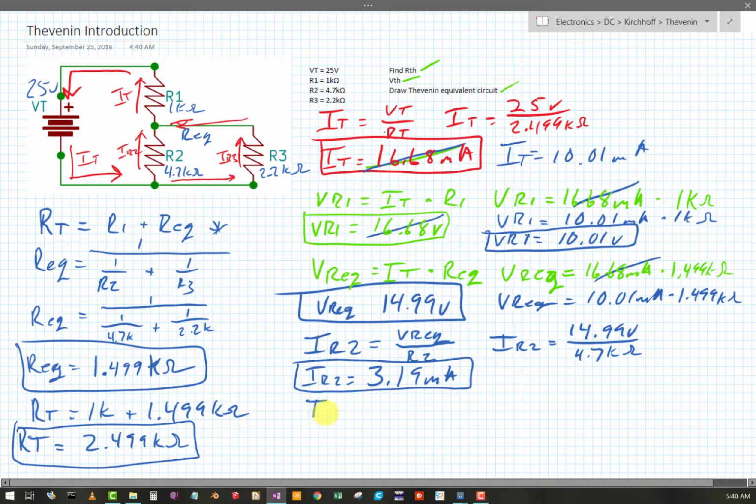Same thing for IR3. VREQ, because it's the same voltage in parallel as R2, over R3's value this time. IR3 equals 14.99 volts over 2.2k ohms.